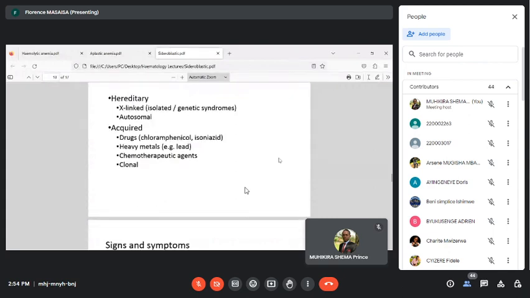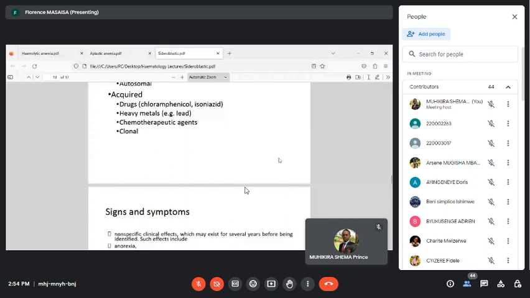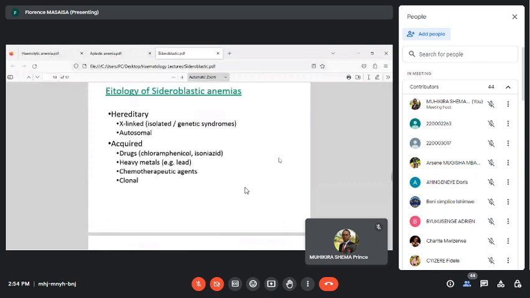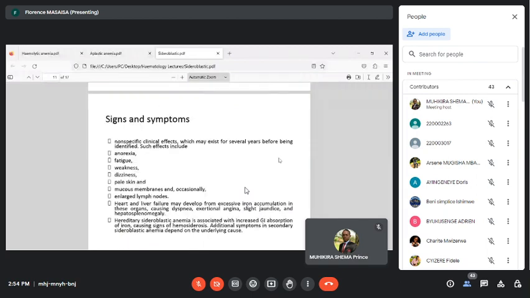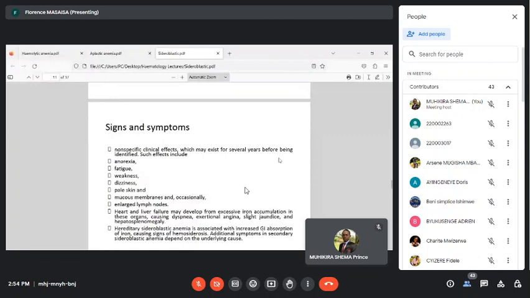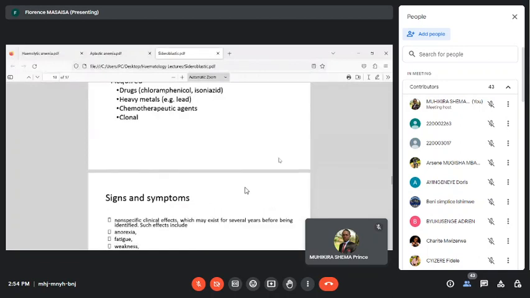So, signs and symptoms: the patient will have features of anemia, fatigue, and so on. Something remarkable is that we have said 75% of iron is dedicated to erythropoiesis, but here the iron is not used, meaning there will be a tendency to have iron overload in the body.